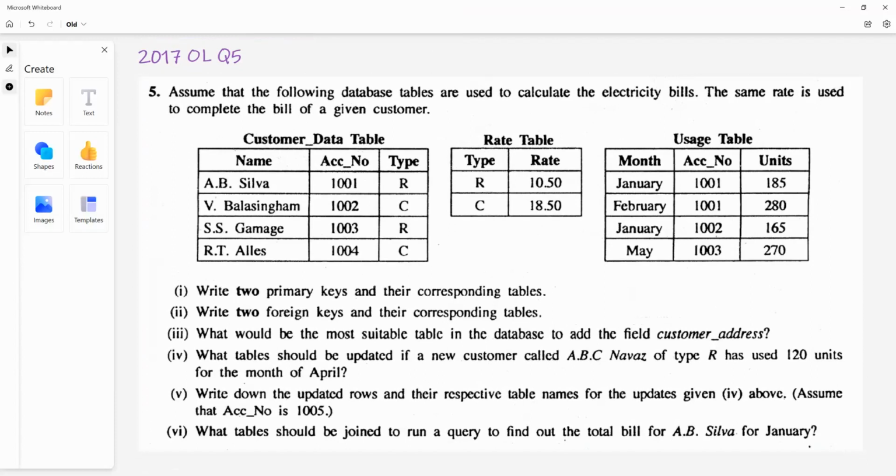Assume that the following database tables are used. Again, you don't have to take down these things. In the exam, I will share the questions anyway. No, you don't have to write down the questions, Imashi. Just send me the answers. I will share the question, but put the heading 2017 O-level question number 5. Of course, it's paper 2.